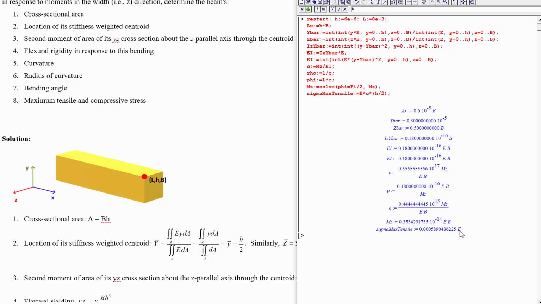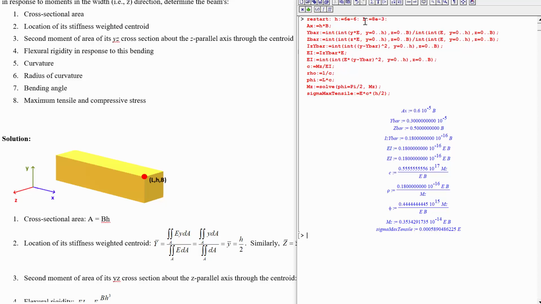So the maximum tensile stress to get a 6 micron thick, 8 millimeter long membrane to curl 90 degrees is 0.06% of the Young's modulus. And that means that the strain that it will be in is 0.06. And 0.06 is the kind of strain where for the right material, like single crystal materials, you can have not enough stress for it to actually break. So that's kind of amazing.